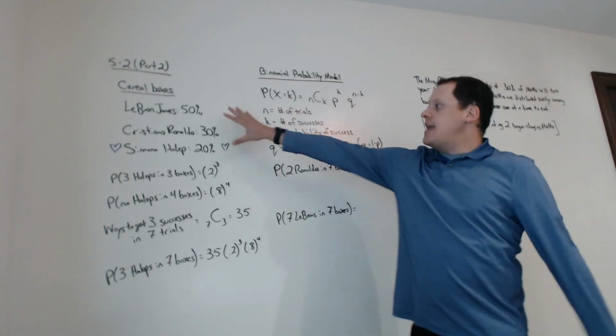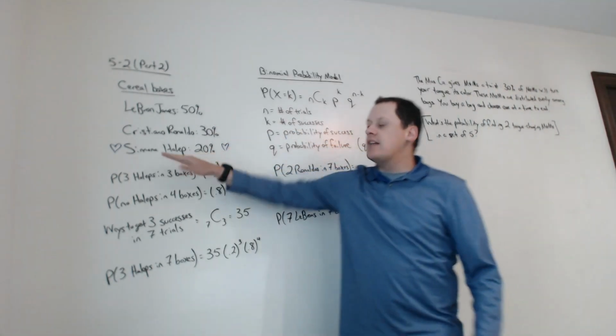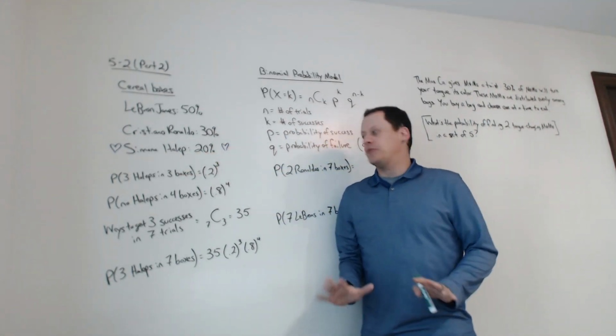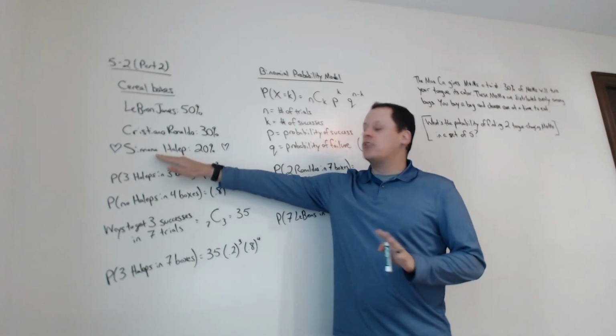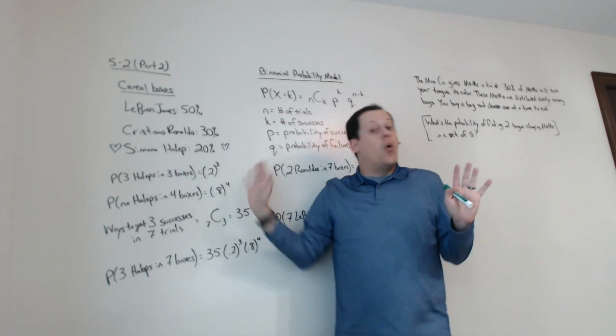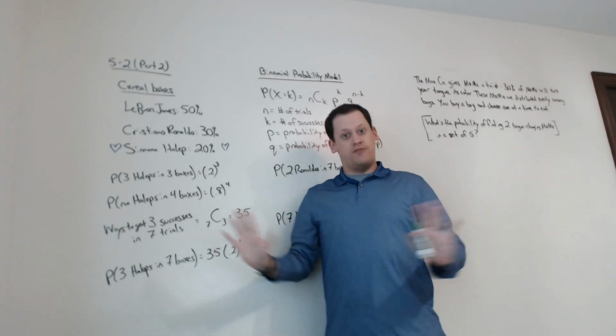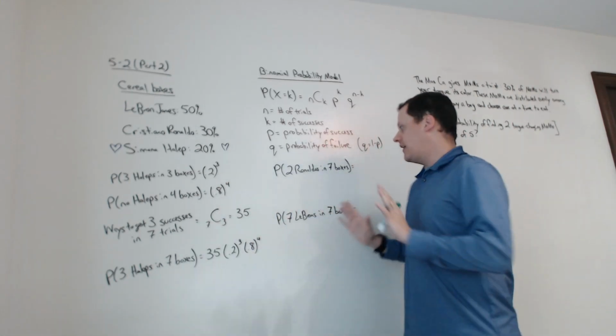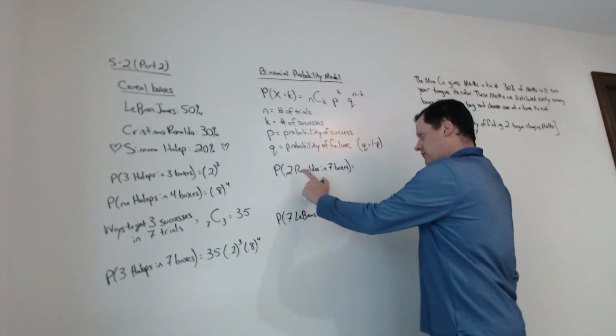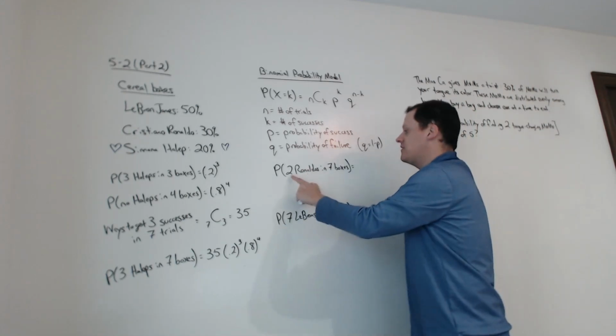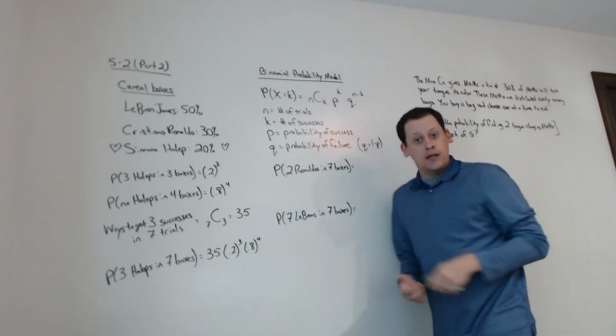So let's use the same setup here, but let's pretend for just a second, and I know it's painful for me, let's suppose you want to look for someone else in the boxes. I don't know why you would want to do that, but just for the sake of an educational problem here, let's say we want to know the probability of getting 2 Ronaldos in 7 boxes.